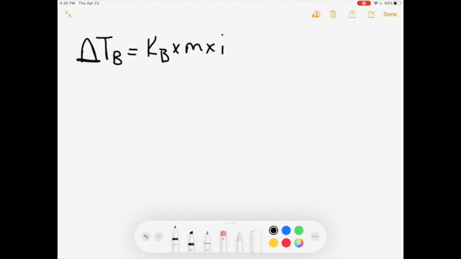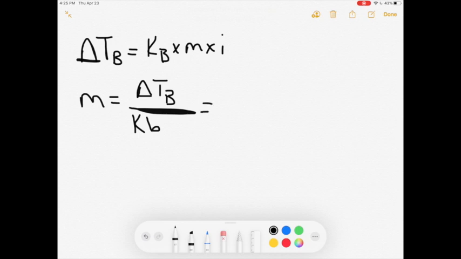So we can rearrange this equation to solve for molality because we don't know that number. So delta TB divided by KB. I'm just going to leave the van't Hoff factor out because it's just one, so it's not going to change anything. Delta TB, they said, was 0.357, the change in temperature. KB is given at the bottom there.